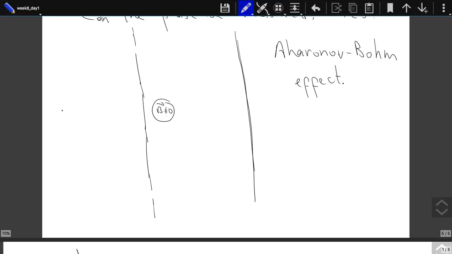You see, just imagine a solenoid. It creates a magnetic field, but it doesn't create an electric field. You can solve for the vector potential in magnetostatics, and there won't be any scalar potential. Del cross A is 0 outside this solenoid.